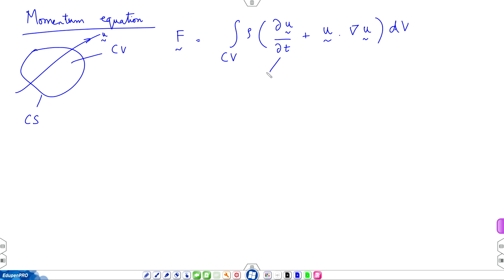So, you also remember that this whole thing is the total change. Now, you have to recall total derivative versus partial derivative.